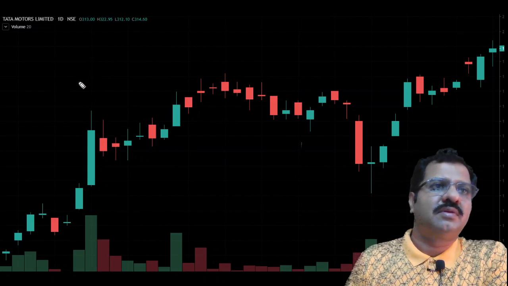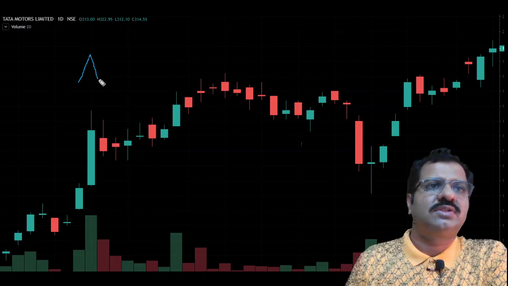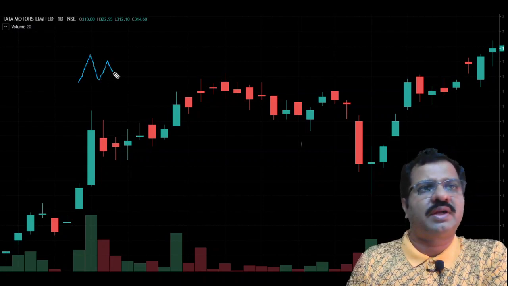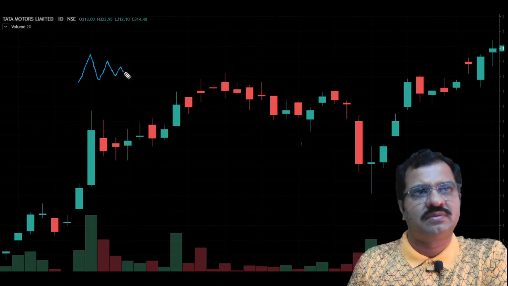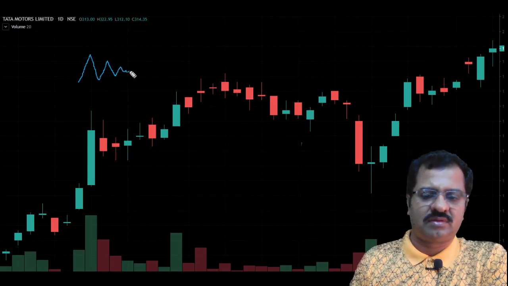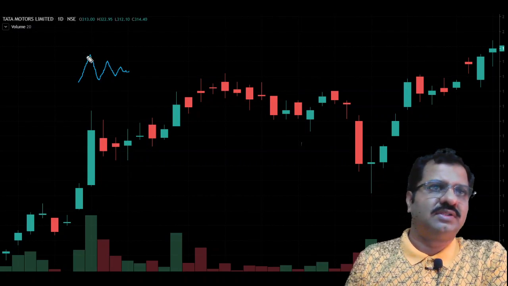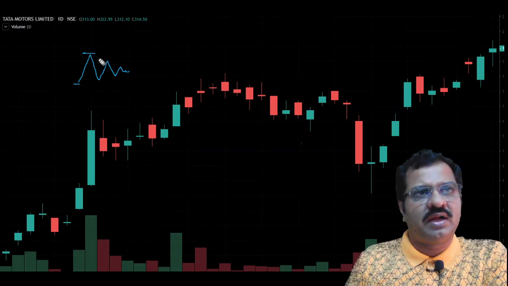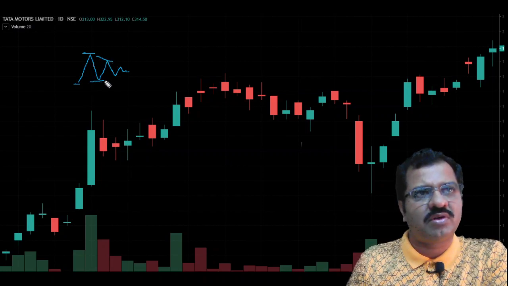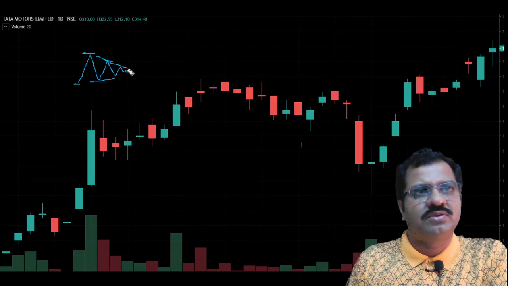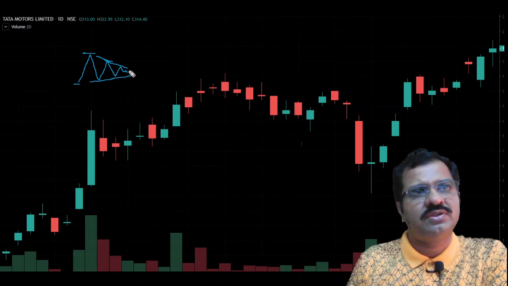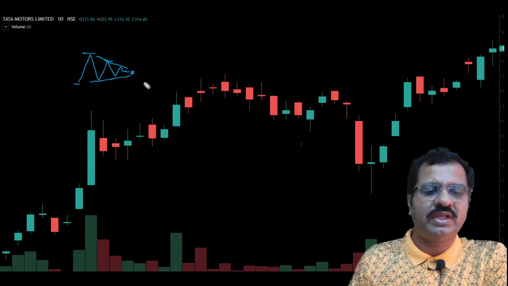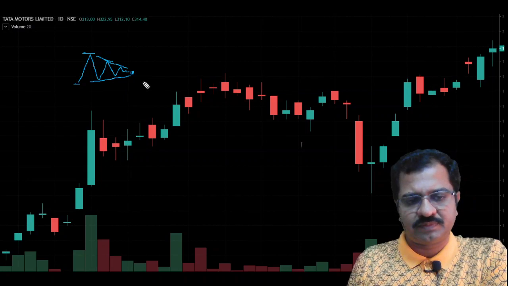If the range of price is coming down like this. See, earlier this was a big range in which price was moving, and now the range is squeezing, getting smaller and smaller, right? So here the range is very small at this point in time.